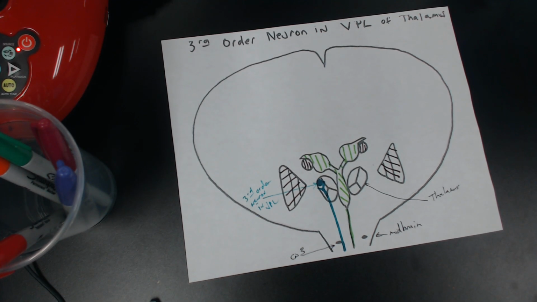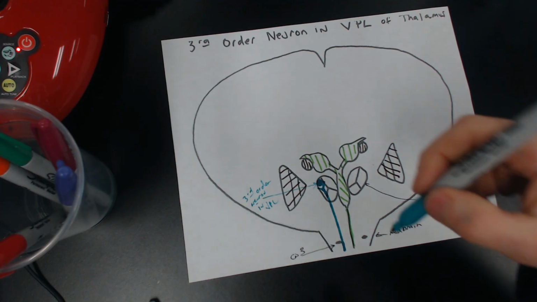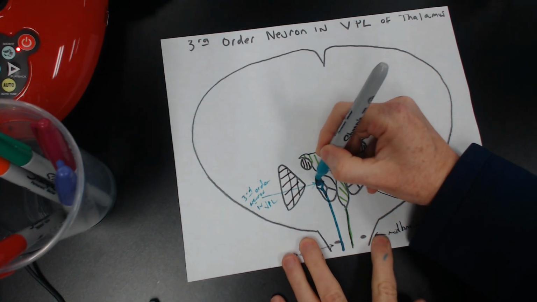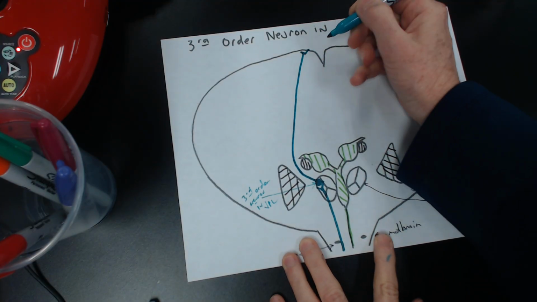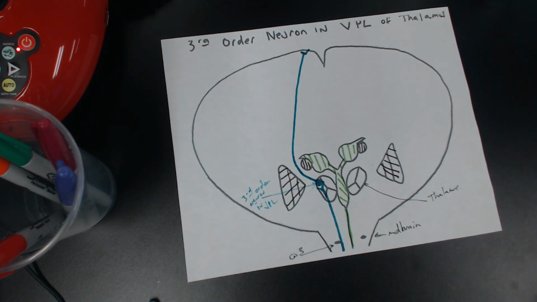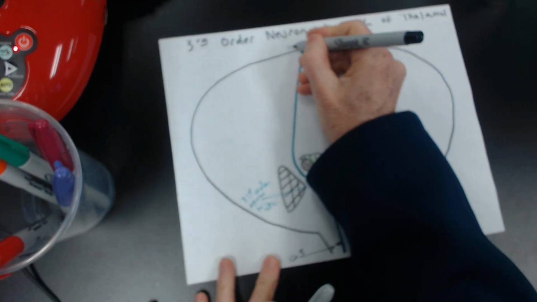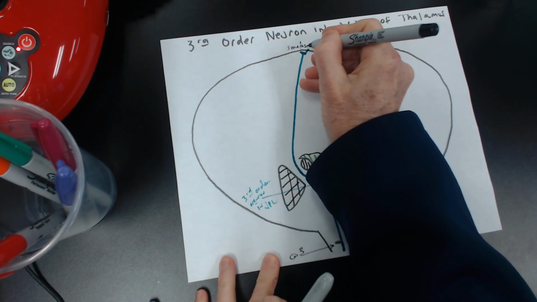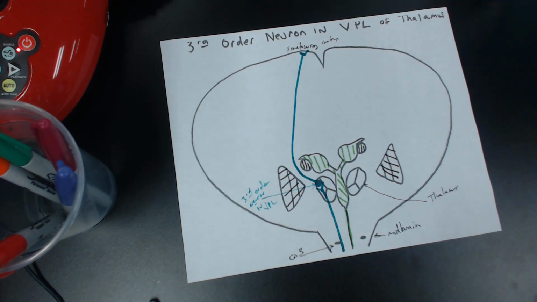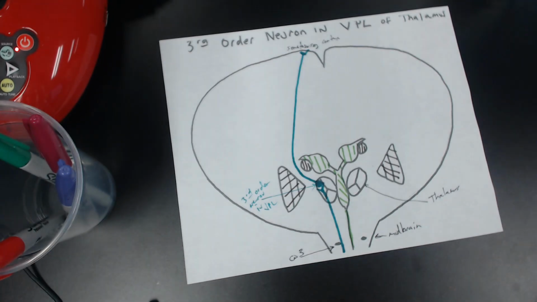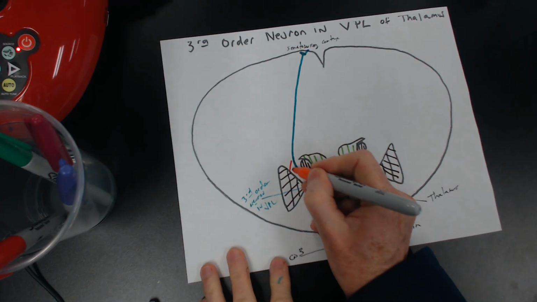And again, those third order neurons are going to send out an axon that travels through this special space that I talked about. It comes on up and synapses in the somatosensory cortex. And previously, I talked about this space here.